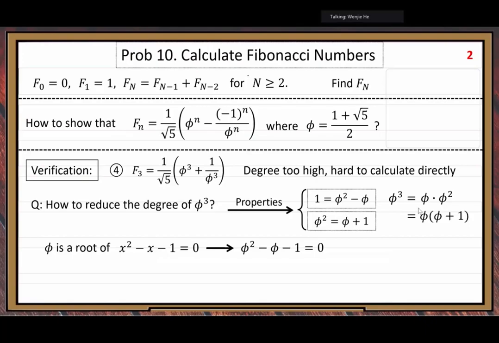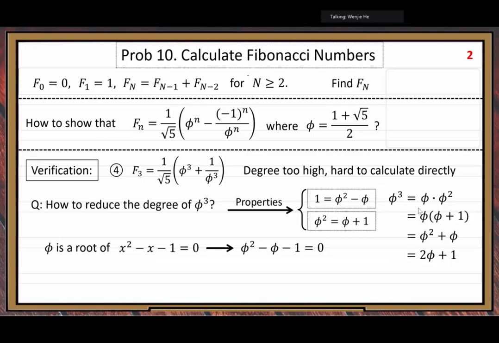So now we do the replacement. After we get this phi squared plus phi, you see another phi squared, so we do another substitution. So you get 2 phi plus 1.